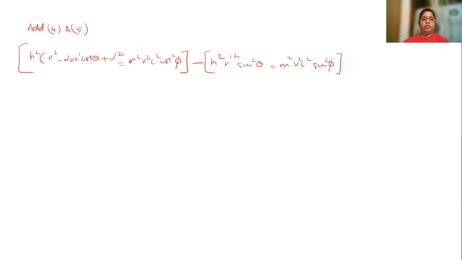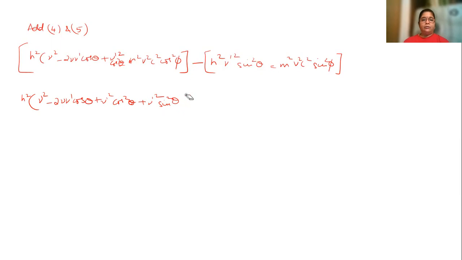So I have just written 4 plus 5. If you look at the left hand side, we can see h square is common. Nu square minus 2 nu nu dash cos theta, plus nu dash square cos square theta, and I can club it here, plus nu dash square sin square theta is my left hand side.